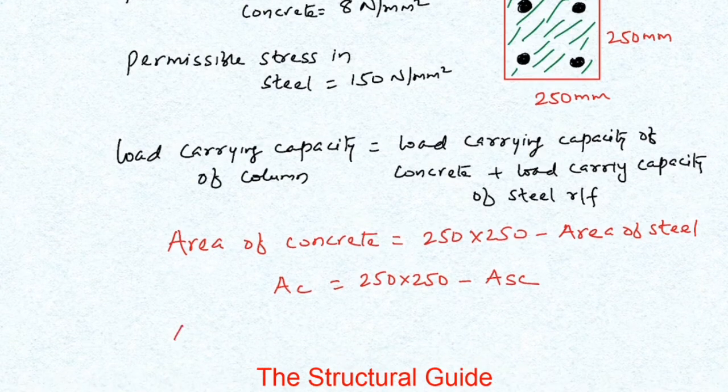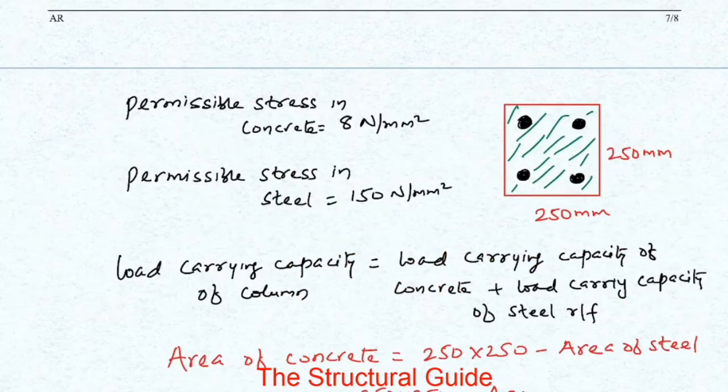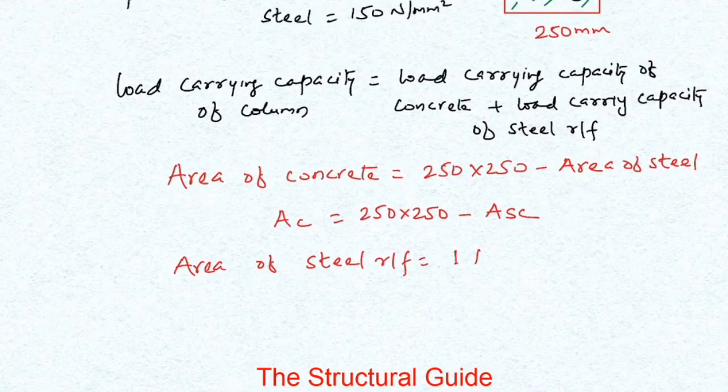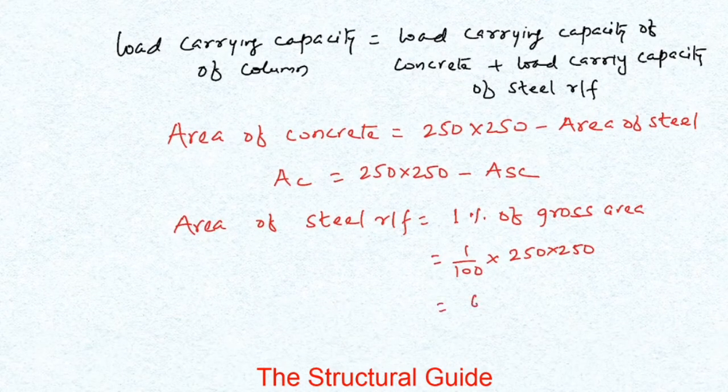So the area of steel reinforcement that is given in this question, that is 1% steel. 1% steel means the area of steel is 1% of the gross area, that is 1 upon 100 into 250 into 250. So this is 625 mm square.